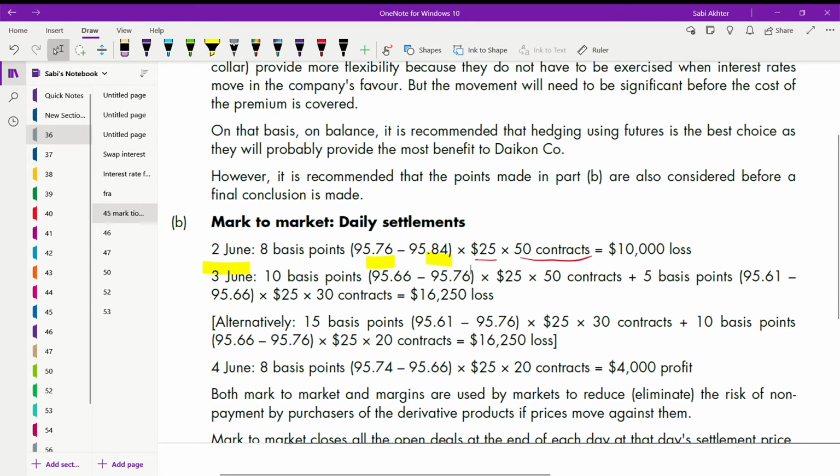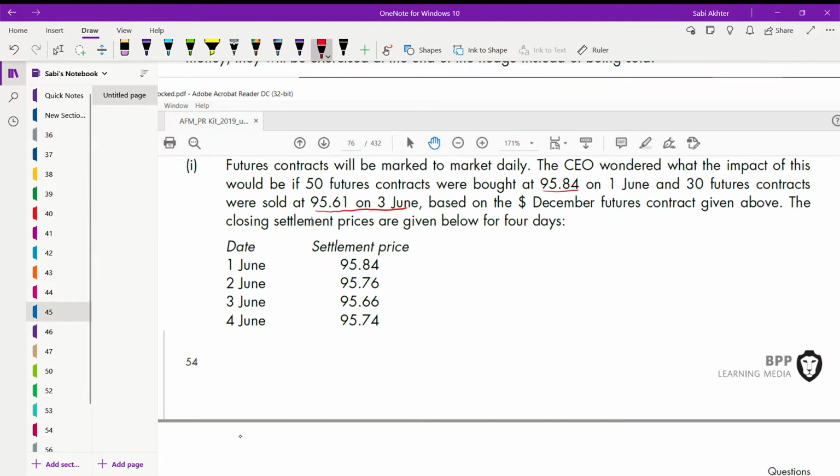Now on 3rd June, when you come, be careful. So here it is 95.66 minus 95.76, right? Why 95.66? It is the next one, this minus this, and you're selling it for 95.61.